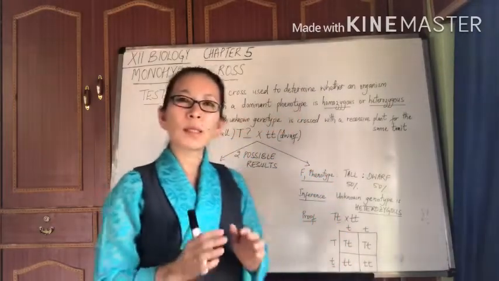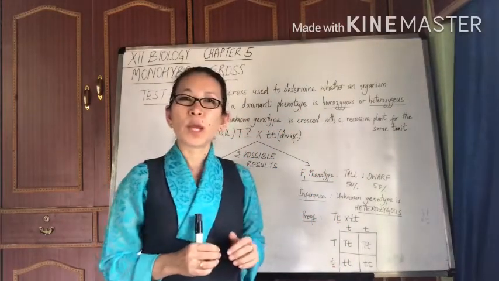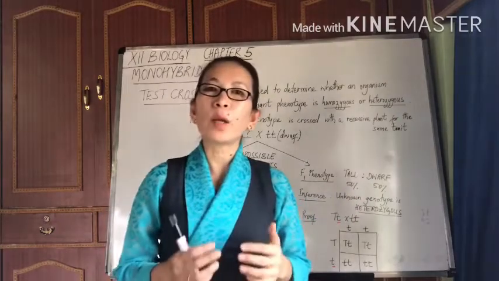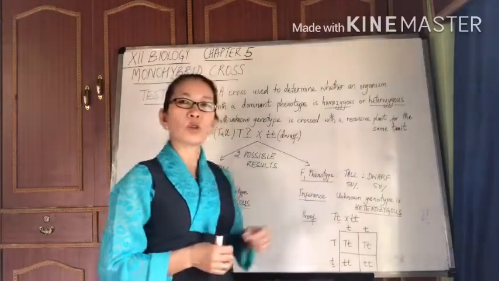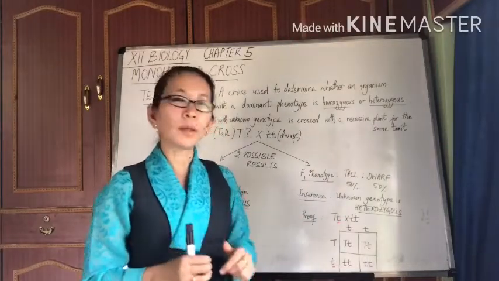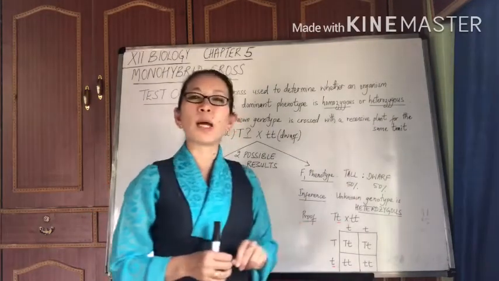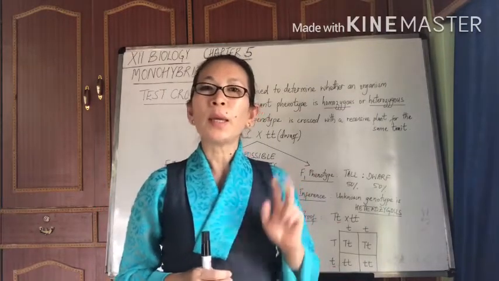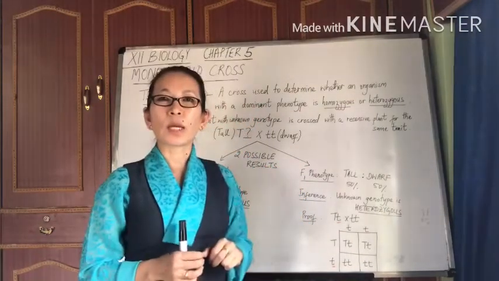If we get such a result where both tall and dwarf phenotypes are expressed in the F1 progeny after making the test cross, then we can infer that the genotype of the tall plant is heterozygous, which is to say it has to be capital T small t.